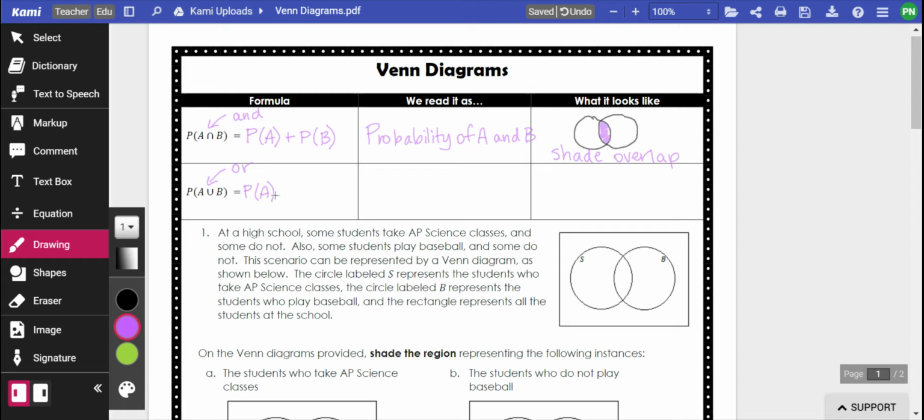We're going to find the probability of A plus the probability of B, and then we're going to subtract the probability of A and B. Now, again, we're not going to be working with these today, but eventually we will be. So we read this as probability of A or B.